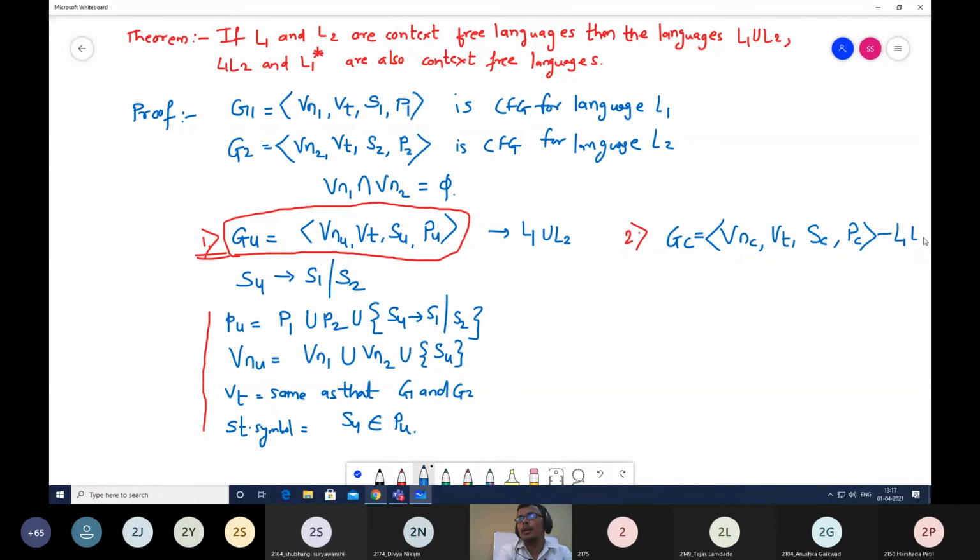This is for my L1 and L2. Can anyone tell me what production rule I need to add for concatenation now? SC gives what? Anyone?